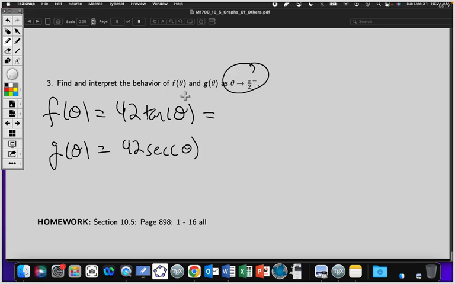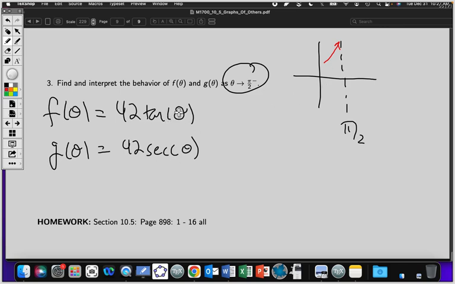Theta is coming into pi over 2 from the left. So we can remember here what's going on with tangent and secant. So at pi over 2, tangent's heading off to infinity, coming in from the left. Secant is doing the same thing, okay?